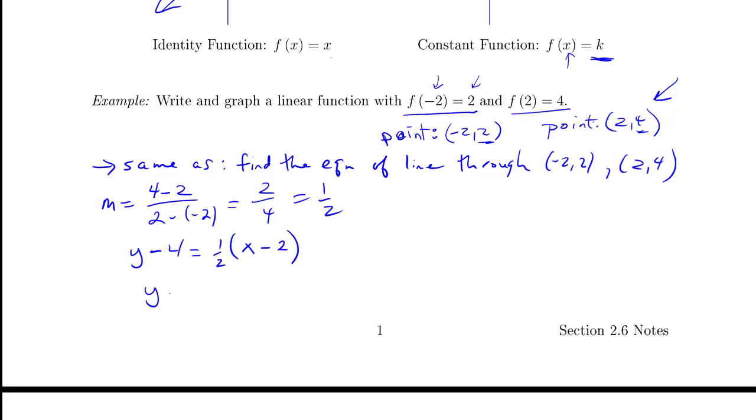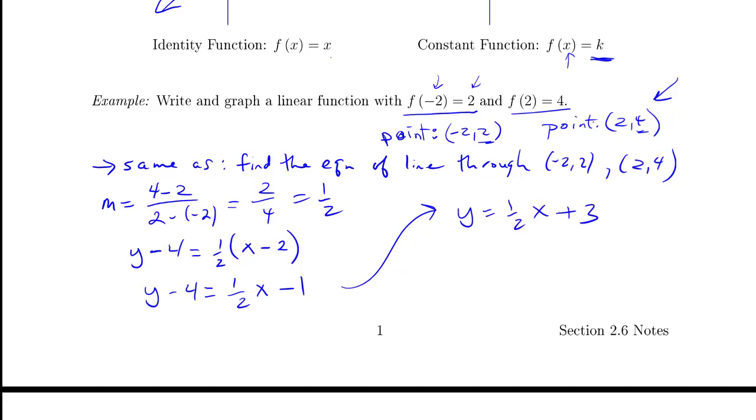That would give me y minus 4 is 1/2 x minus 1 when I distribute that 1/2. That gives me y equals 1/2 x, and then adding over the 4 gives me a -1 plus 4, or plus 3.